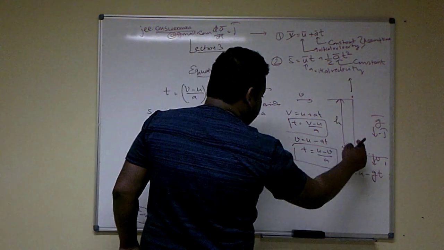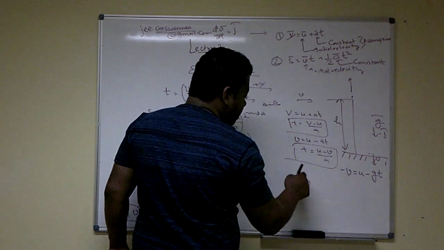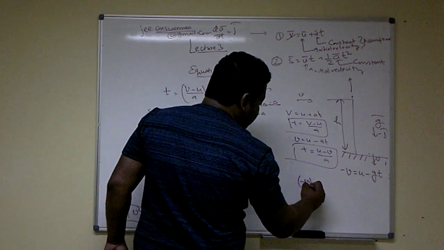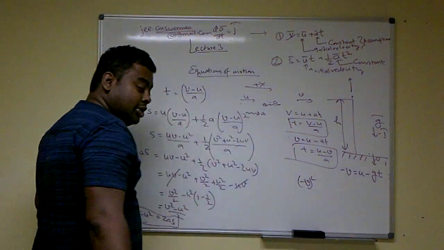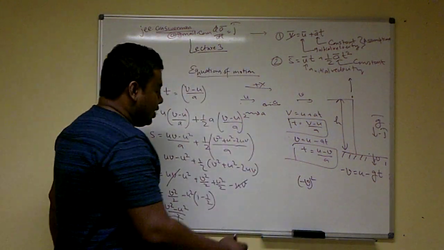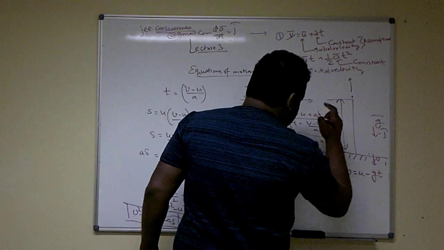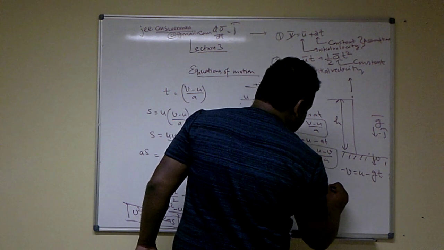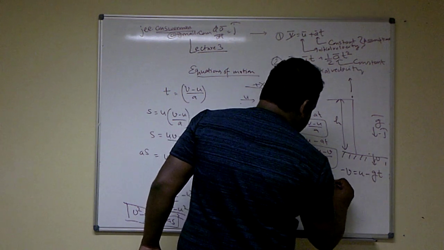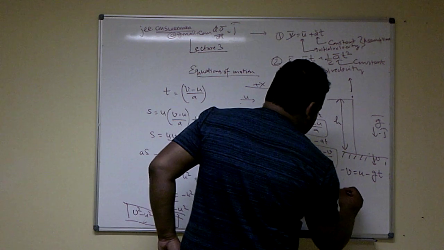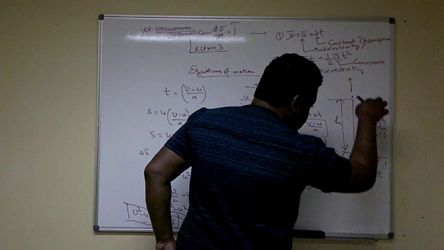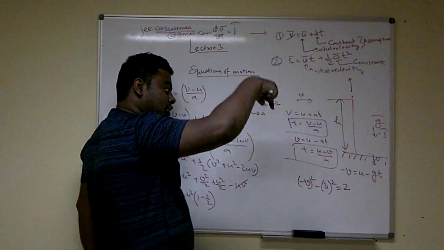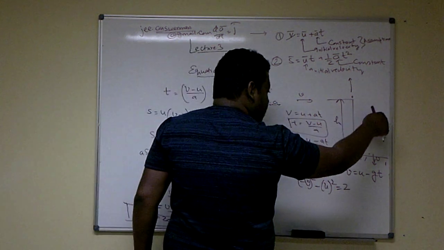What you can do is, this v will be negative, so v squared. u is in the positive direction, so u will remain as u squared equals 2 times g.